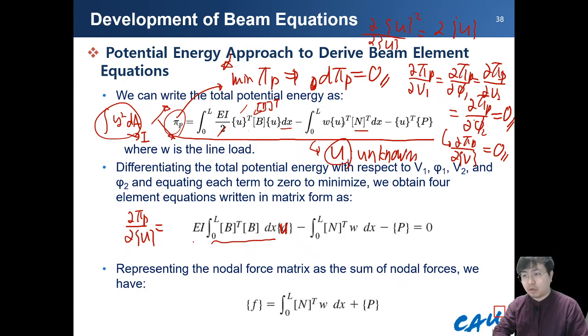After the derivative with respect to the vector U, it becomes a constant value, so the remaining are the coefficient and the transposed shape function, and W is a constant uniformly distributed force. The remaining thing is the external force, and it looks like this, and we reach this equation.